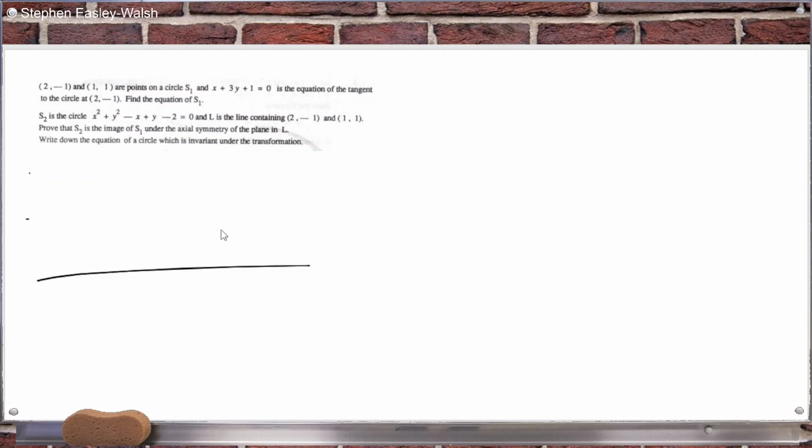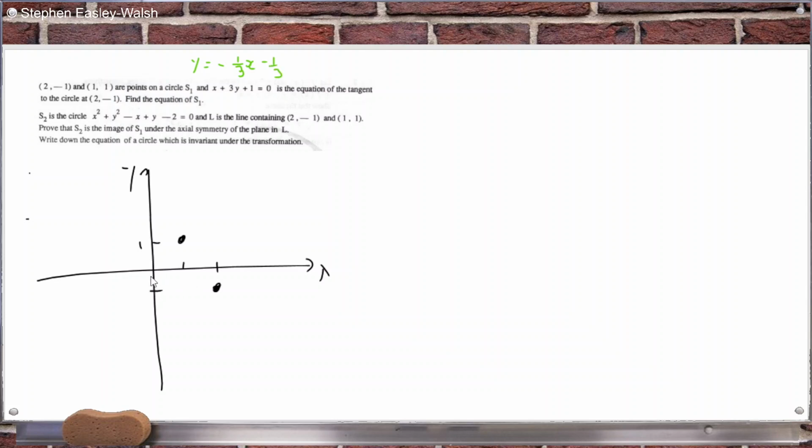So 2, -1, that's a point on the circle, as is 1, 1. And then also interestingly at 2, -1 we have the tangent, and I could rewrite that as y = -1/3 x - 1/3.